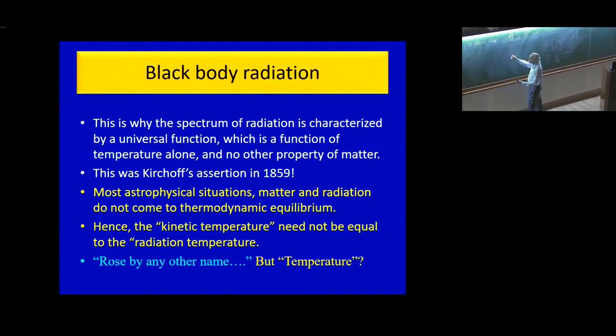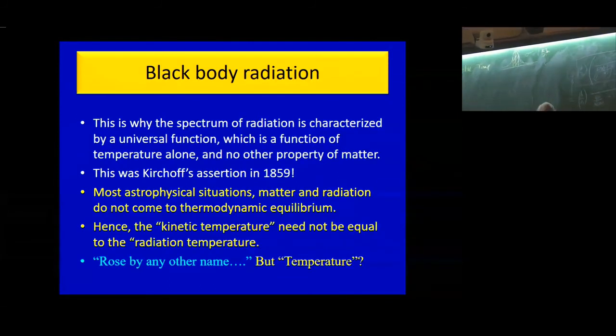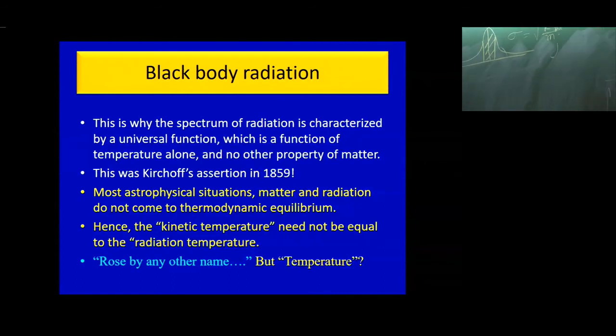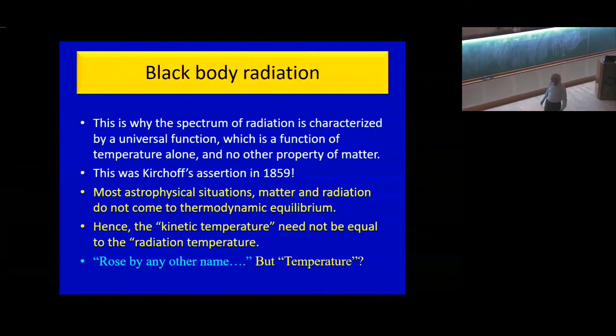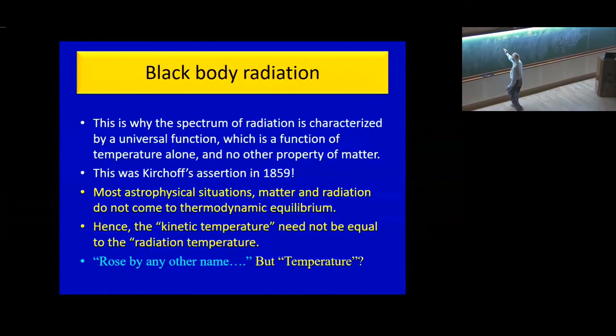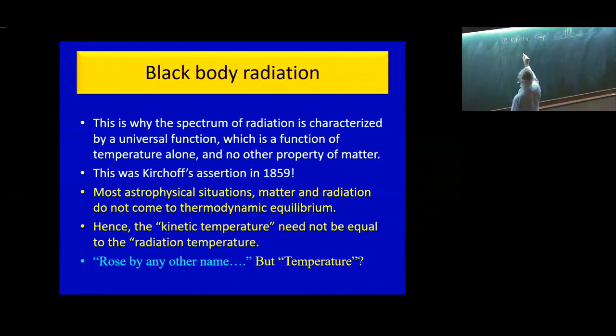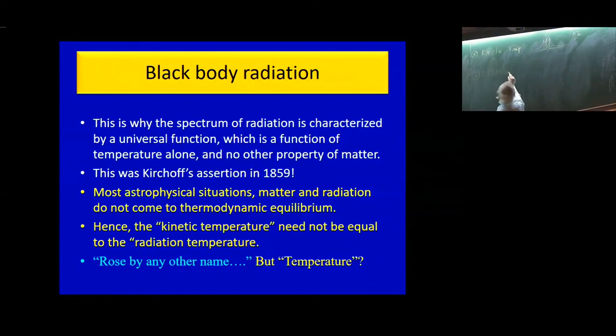So that's what we mean by kinetic temperature. Or in other words, the average energy of the particle is 3/2 kT. So that T is kinetic temperature. In other words, that's a measure of the motion in thermal equilibrium. Then there is this concept of excitation temperature, which is called T excitation. What is that? I have some energy levels.